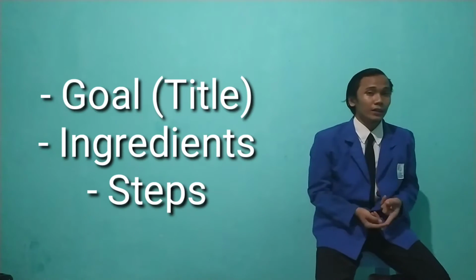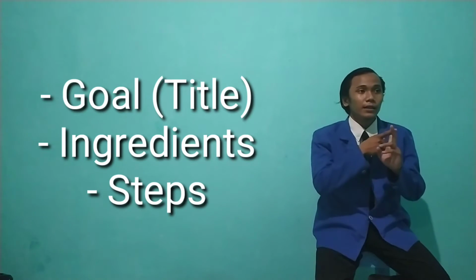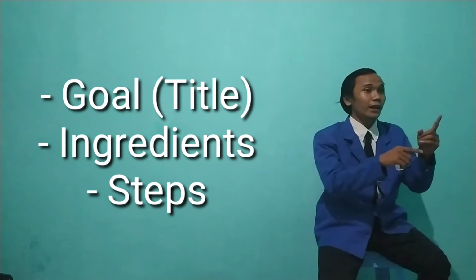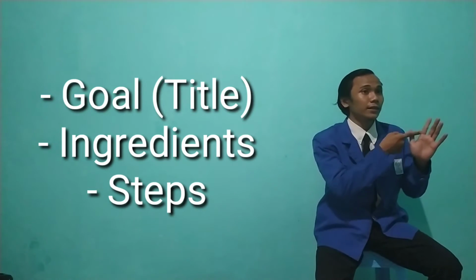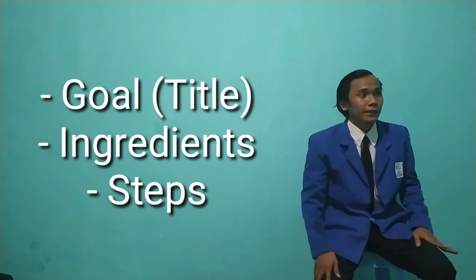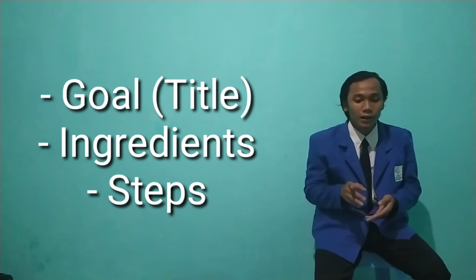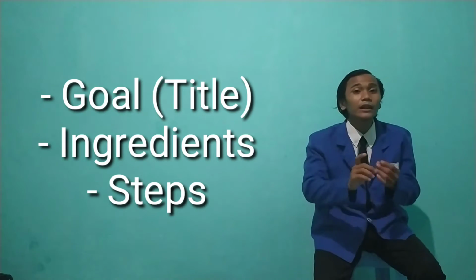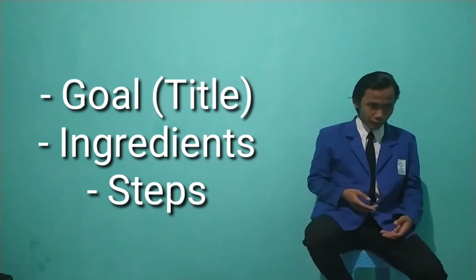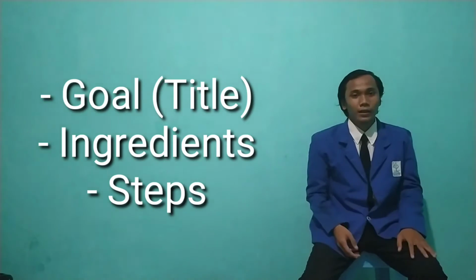In a recipe, usually there is a title, which is the goal, and then before the steps there are ingredients, and then the steps. Do you get it, Sultani? Okay, Alhamdulillah.